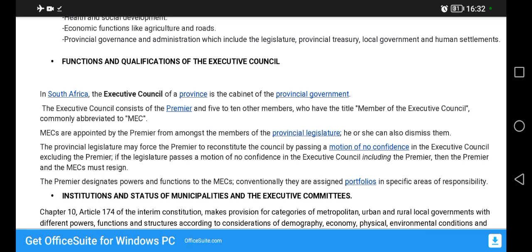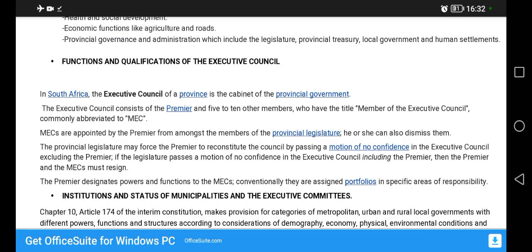So the Executive Council, they're talking about what? The Premier. So in every different province, there is a head. That head is called a Premier. So a Premier in each and every province acts as the president of that particular province.